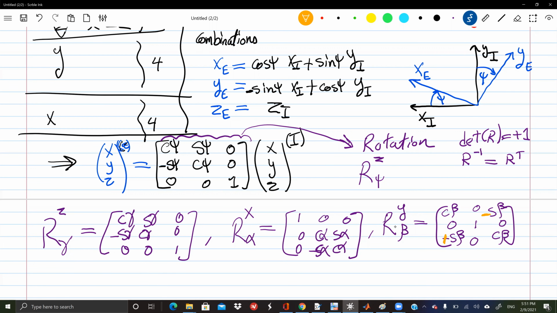Like most things, when we do the second, if you do a determinant, for example, always the second element, it seems that the second has some curse in it. Any question? So now I can construct any rotation matrix about z, any rotation matrix about x, any rotation matrix about y.